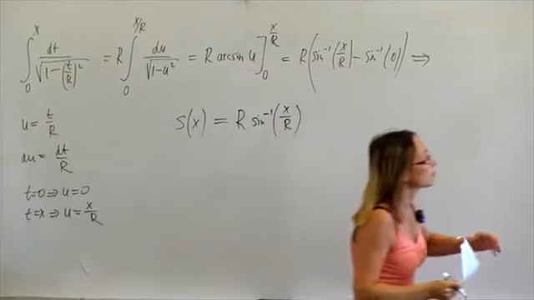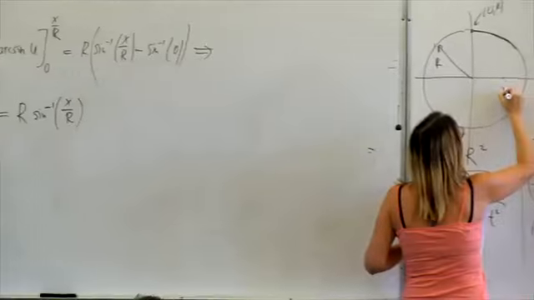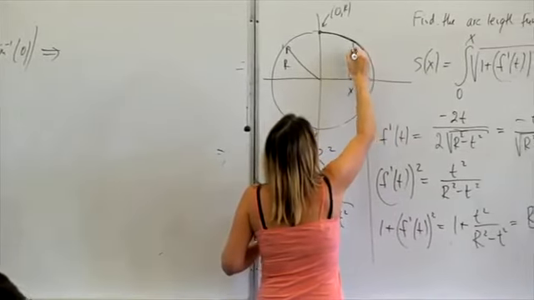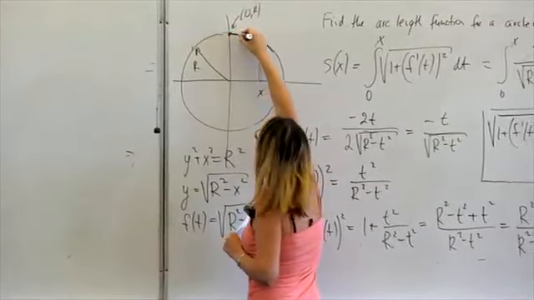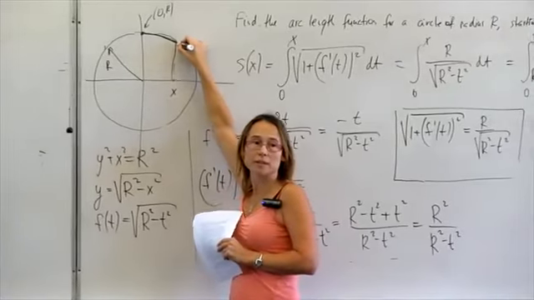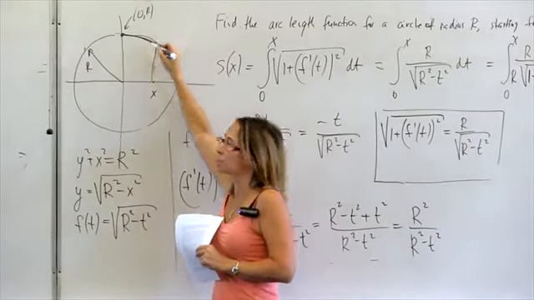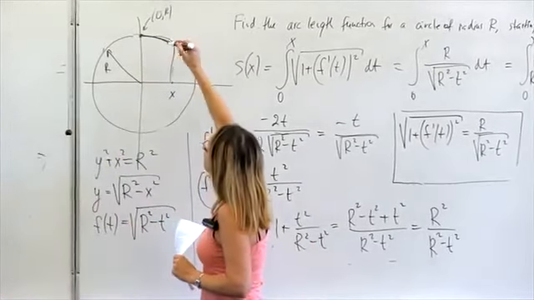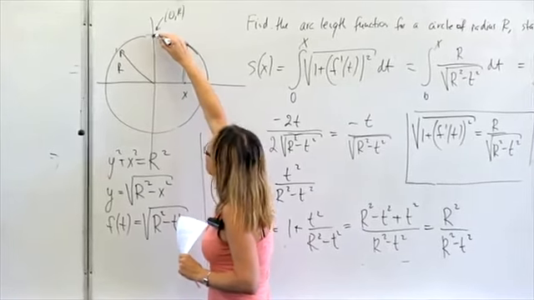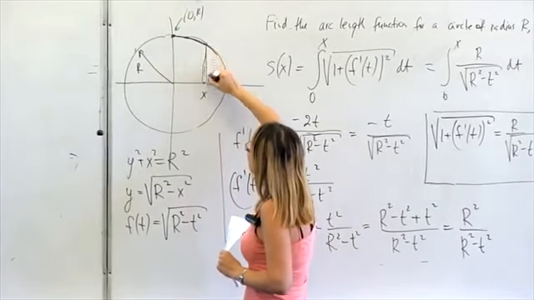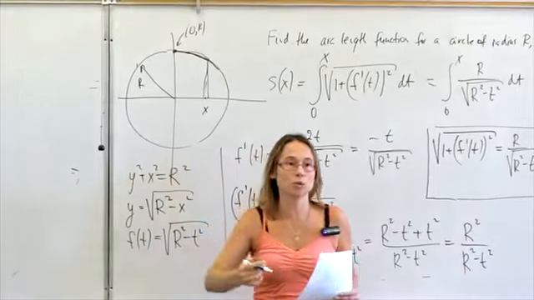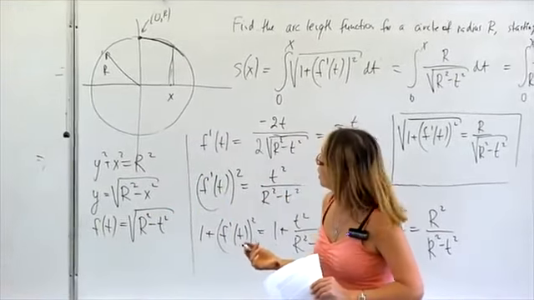You give me x, for instance here, and I tell you the length of the curve from my initial point to the point with coordinate x. So this is what this function measures. It measures the arc length between this given point and any x that you want to give me.